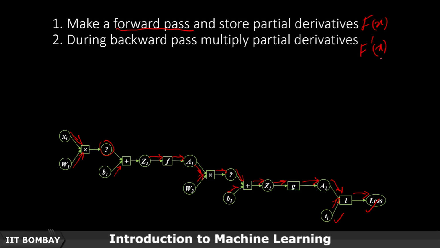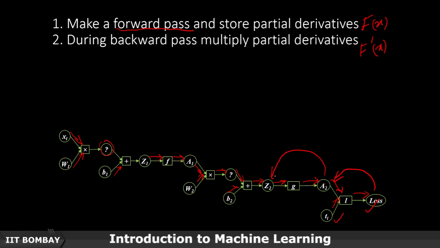And how will that be computed? So that is basically we are taking the partial derivative of the loss with respect to a2. Now notice that we don't need to compute the partial derivative with respect to t, because t is fixed. Your target value is fixed. So we are computing the derivative of loss with respect to a2, and then your g function is fixed.